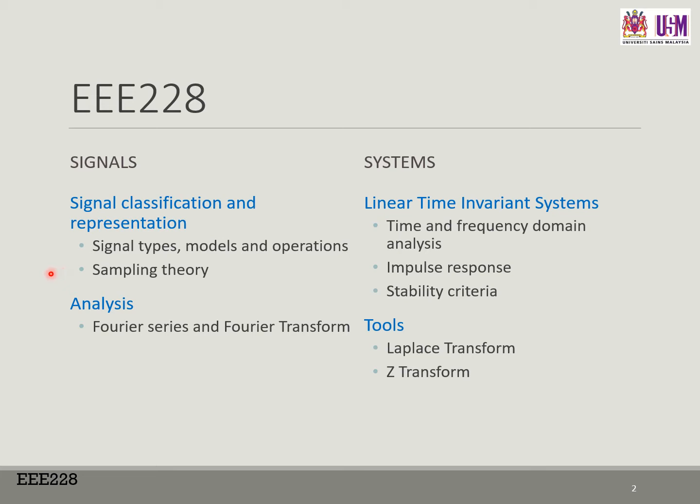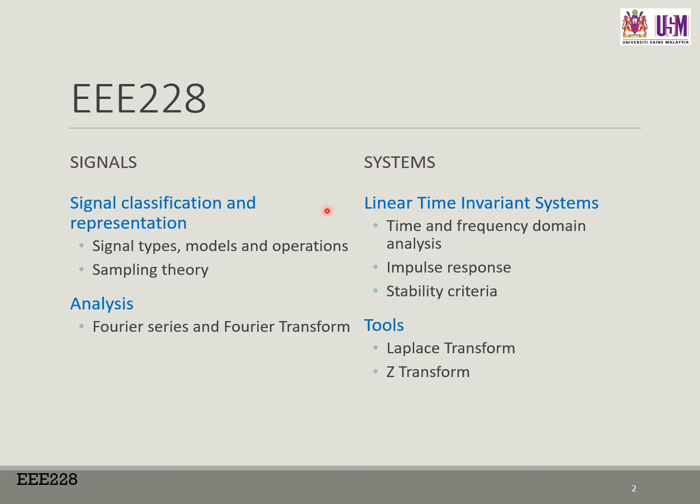Before we move to systems, we will look at Fourier series and Fourier transform. We will use Fourier series and Fourier transform to analyze signals, and you'll also look at some Fourier transform applications. In the system part, we look at linear time invariant systems, and we're going to see how we're going to analyze these linear time invariant systems in the time and frequency domain.